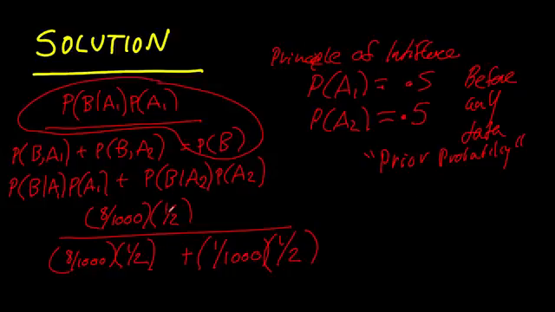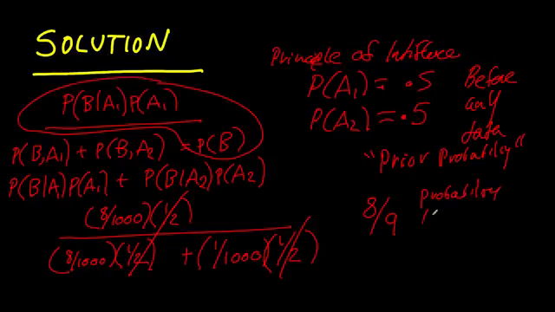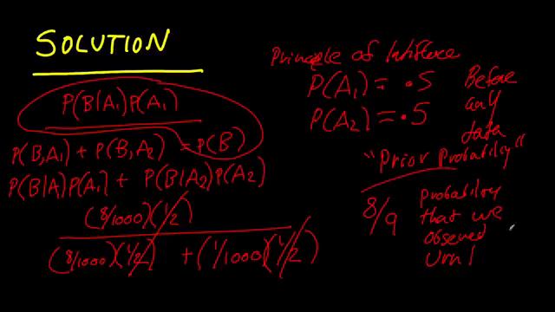The 1/2s cancel out, and we're left with 8/9, which is the probability that we observed urn 1, and obviously the probability that we observed urn 2 would be 1 minus 8/9 or 1/9. And that is the application of Bayes' theorem using inverse probability.